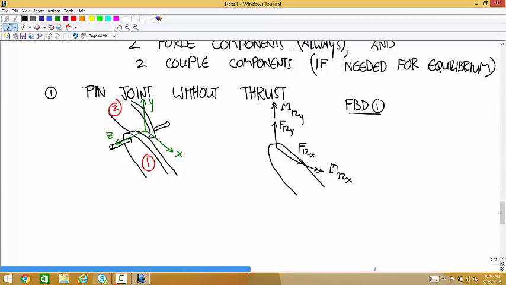So the important thing here is that M12X and M12Y are only put in the free body diagram if they're needed for equilibrium.